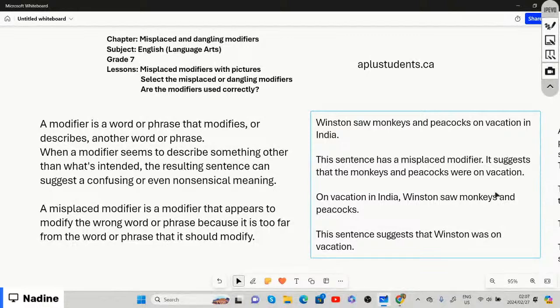So those are our lessons for today under the chapter of misplaced and dangling modifiers.